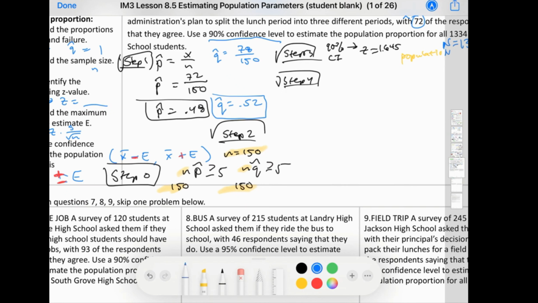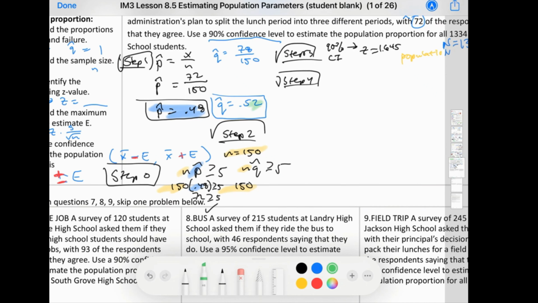And then my p hat is 0.48. Is n times p hat greater than or equal to 5? Put that into my calculator: 150 times 0.48 gives me 72. So 72 is greater than 5, that's yes.